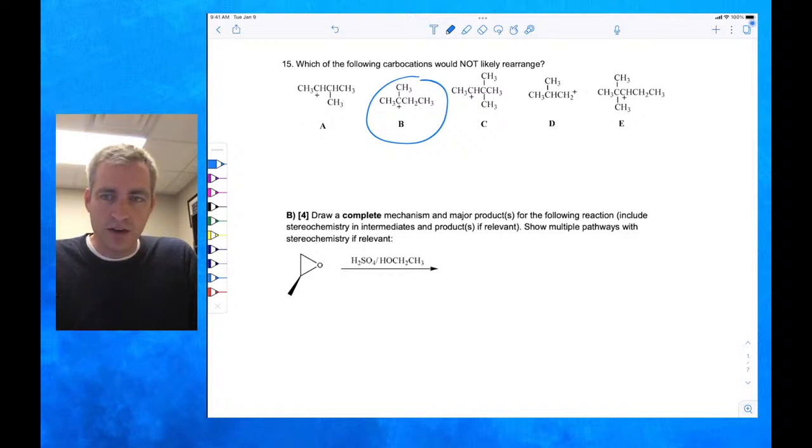Anything that's secondary is likely to rearrange if there's a rearrangement available. This one is secondary. This one is secondary. This one is primary. Primary carbocations are really unstable. They're really bad. So if there's any possible way that could rearrange, it will. And this one is secondary as well. So it's the tertiary one that's already stable that isn't going to rearrange.